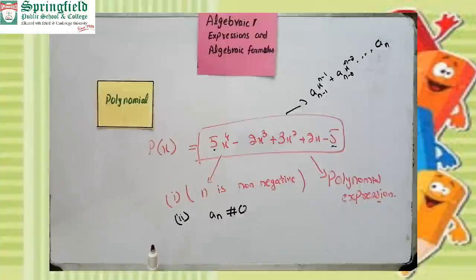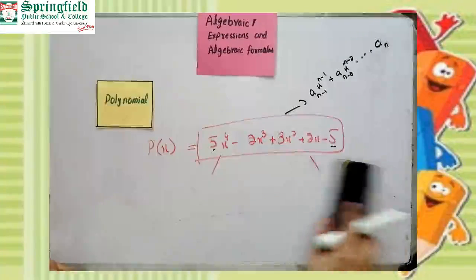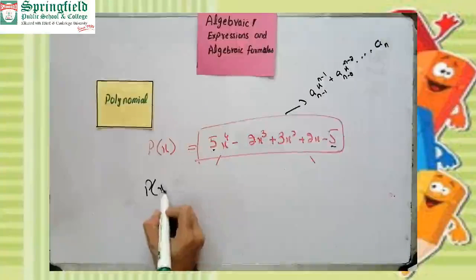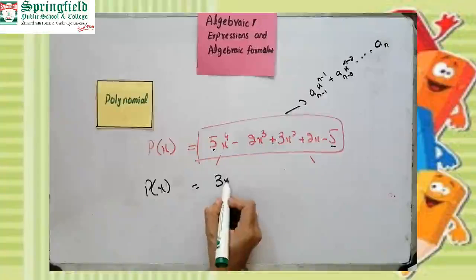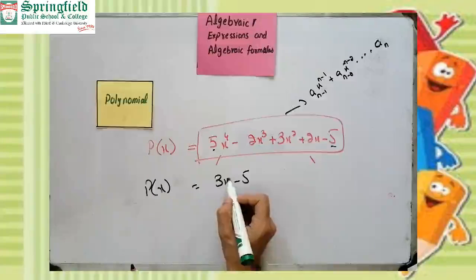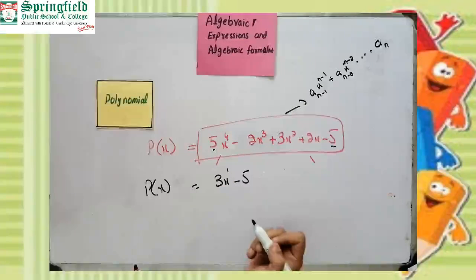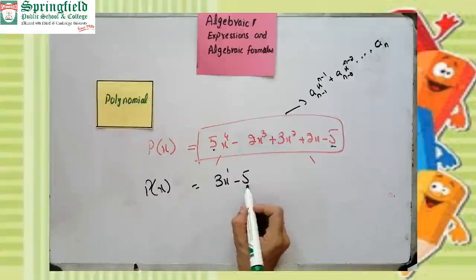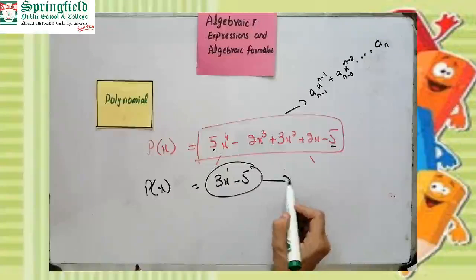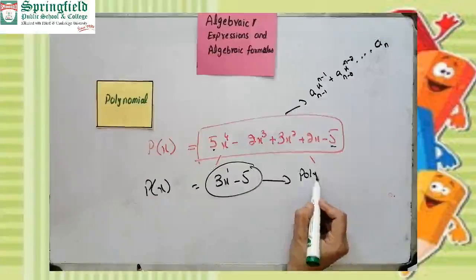And the other example is p of x equal to 3x minus 5, which is also a polynomial expression. Why? Because here the power of x is 1, and 1 is not negative, and the last term is not equal to 0. So this expression is also a polynomial expression.